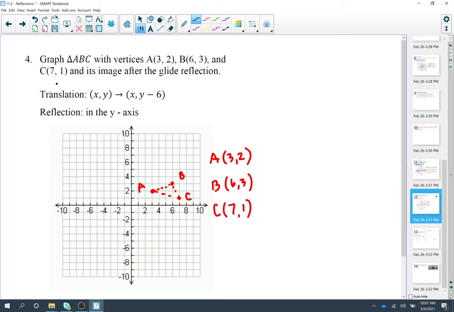And we are first going to translate it by the given rule. So this time x doesn't have anything, so we're not moving left and we're not moving right. But we are going to move down 6.